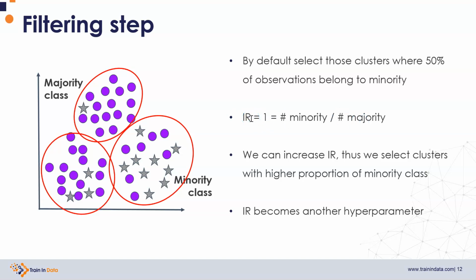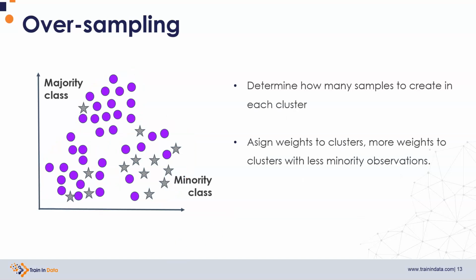As an alternative, we can increase the imbalance ratio, and therefore we will be selecting clusters with higher proportions of minority class observations. So as you can see, the imbalance ratio quickly becomes another hyperparameter that we need to yet optimize. The third step is the oversampling step, where we determine how many observations to create for each of the clusters.